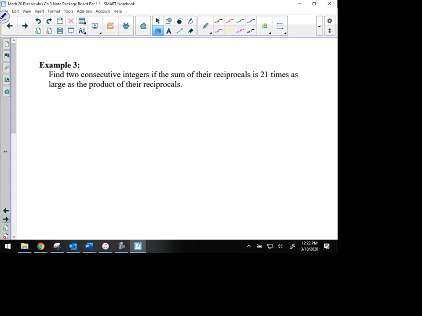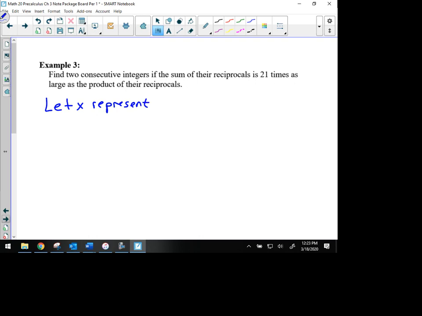It says, find two consecutive integers, two consecutive numbers, if the sum of their reciprocals is 21 times as large as the product of their reciprocals. Again, that's fairly wordy, so let's break that down. We're looking for two consecutive integers. So right from the beginning, let's decide what x will represent.